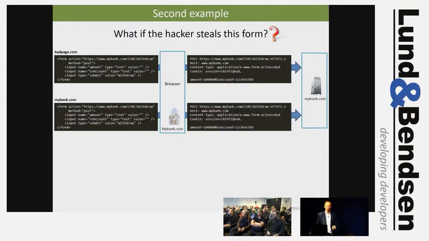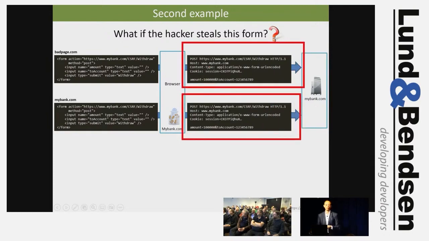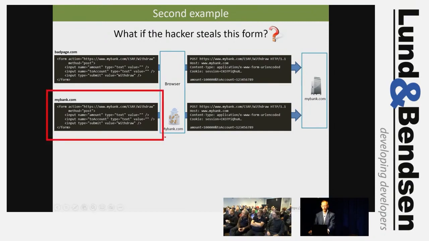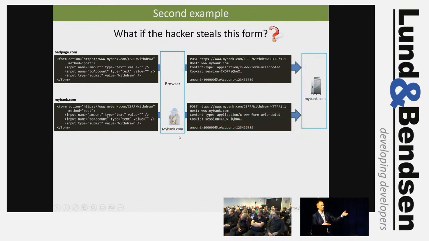And the main problem here is that the backend can't tell the difference between those two pages, those two requests, because they will look exactly the same. So even if I go to the bad page and it makes me click on something so it sends a request to my bank, or if I really go to the bank form and make a withdrawal here, the request that the browser makes to the backend of the bank will look the same.